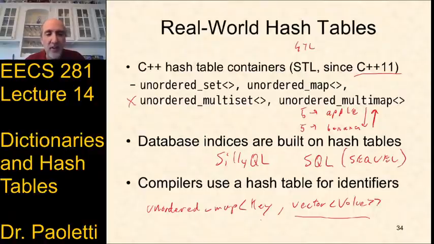With SQL, you can create a table, you can create an index, and those indices are a disk-based data structure. For real SQL, it's a disk-based data structure, but it does something like hash tables, just on disk instead of in memory.